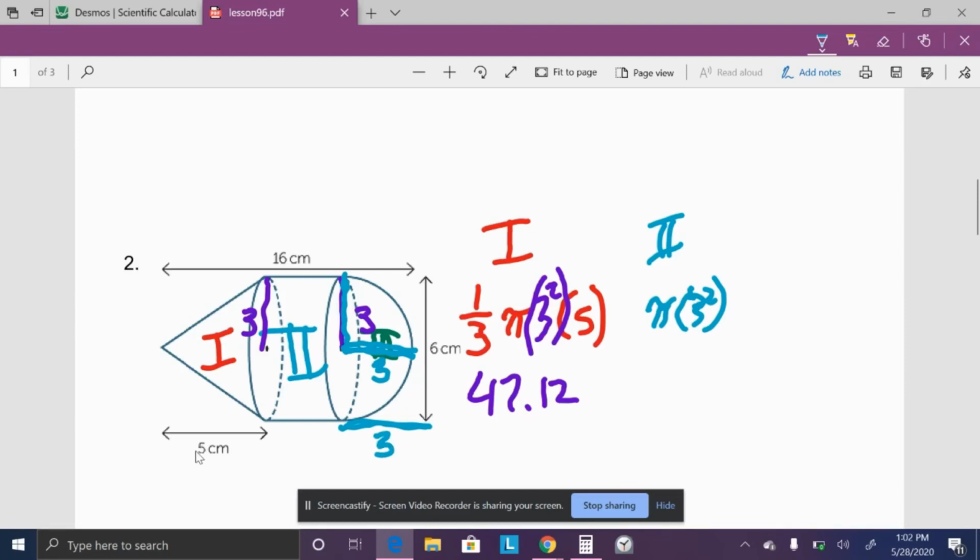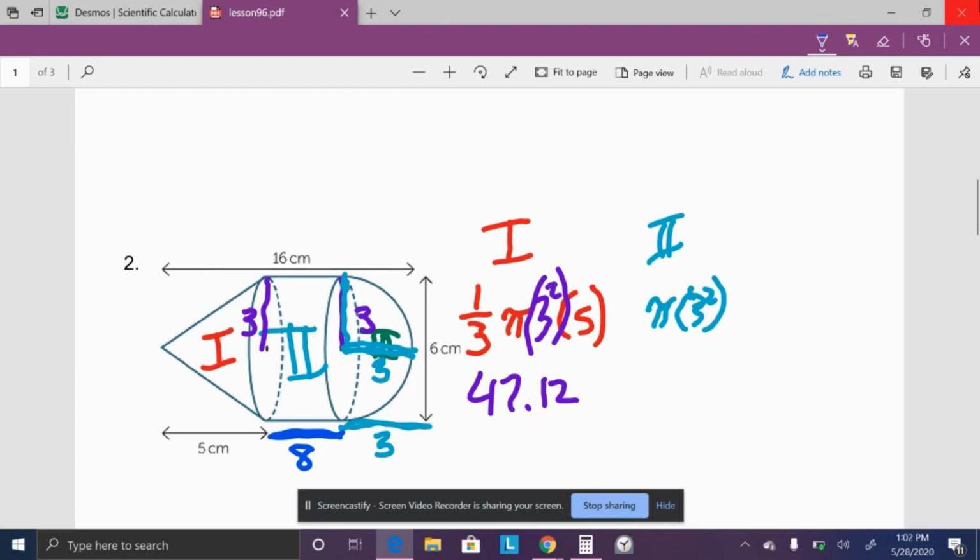So technically, this part and this part cut out of the entire thing, right? 16 minus 5 minus 3. So that means this part is going to be, let me do this in a different color here. This part right here is going to be 8, right? 5 plus 8 plus 3 is the whole thing, which is 16.